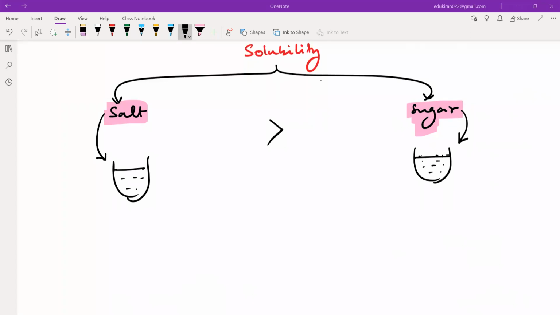Fatima Ansari, are you convinced that salt will be more soluble? Yes, sir. If you have doubts, you can ask your mother. But the molecules of sugar are bigger than the molecules of salt, right? Okay, agreed. So the molecules of sugar must dissolve faster than salt due to that reason?